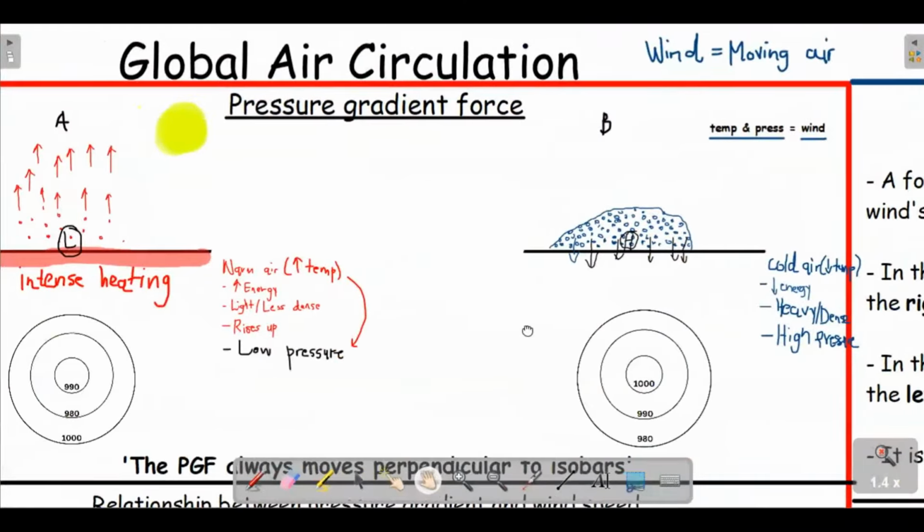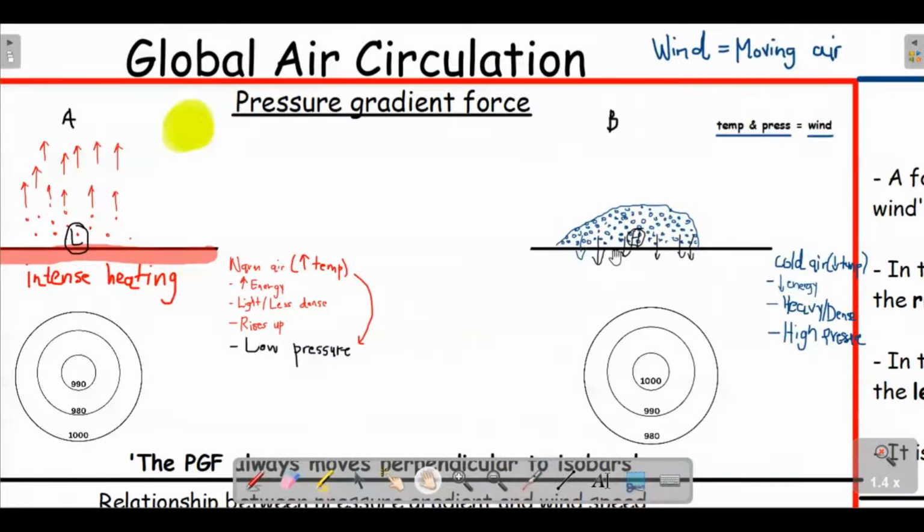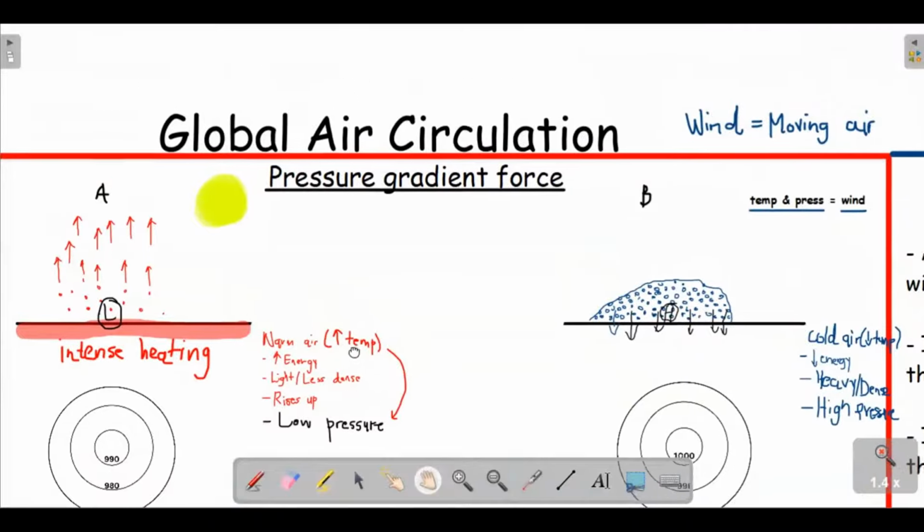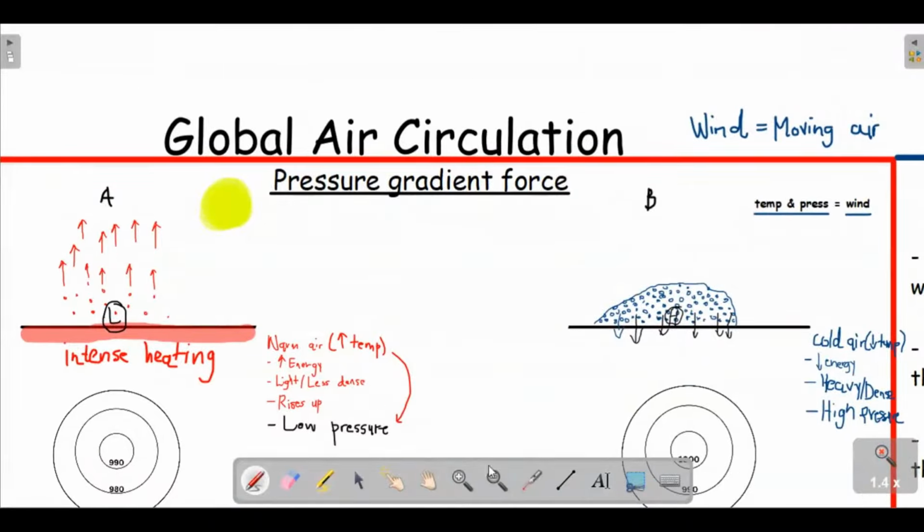So now we have a high pressure at B and a low pressure at A. And so what happens now? We have pressure differences. And whenever you have pressure differences, that's when we start to talk about pressure gradient force.